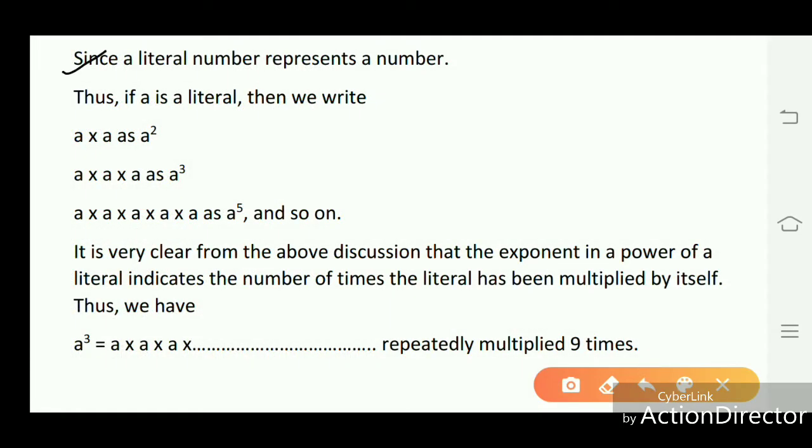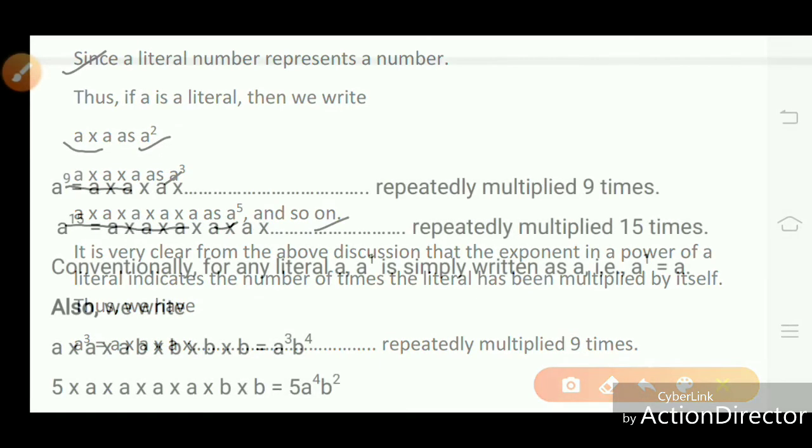Since a literal number represents a number, if a is a literal, then we write a multiplied by a as a square. a multiplied 3 times is written as a cube. a multiplied 5 times is written a power 5, and so on.